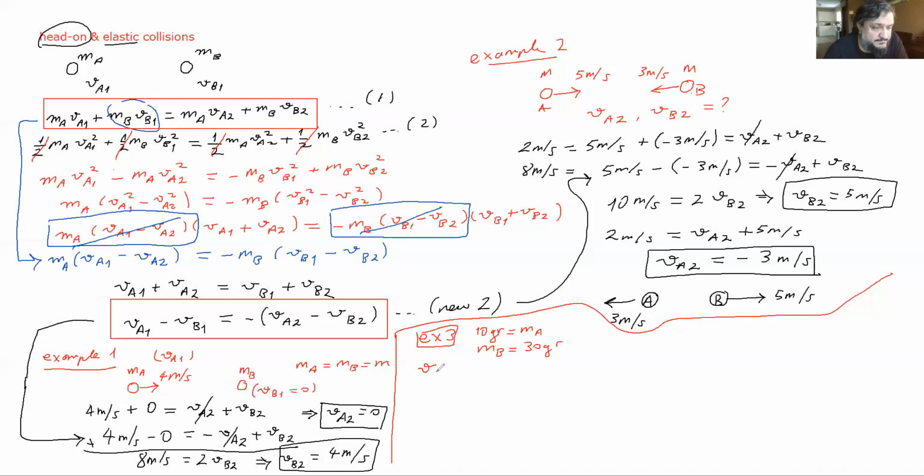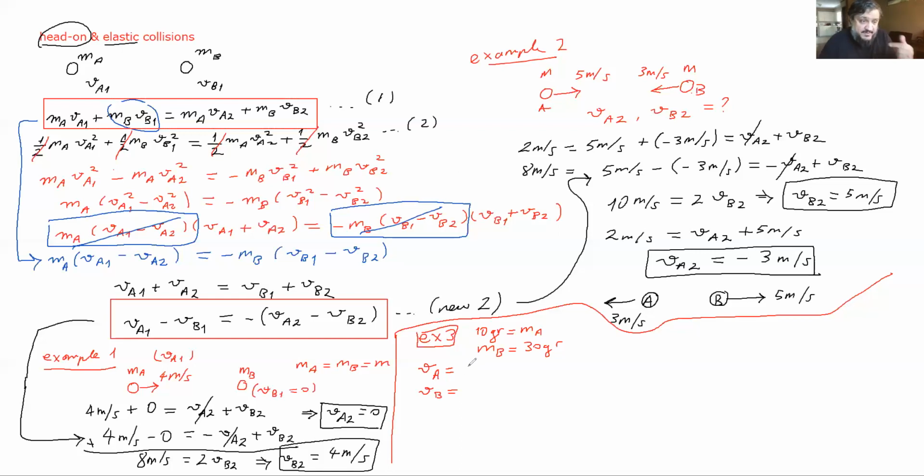And let VA and VB. Now again, I want these two to approach each other, let's say, with the same velocity. How about 2 meters per second?